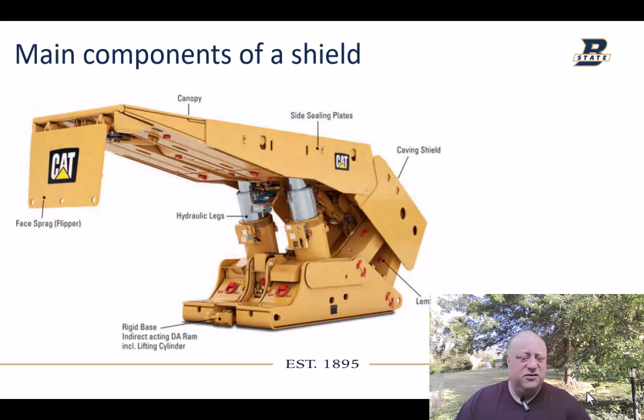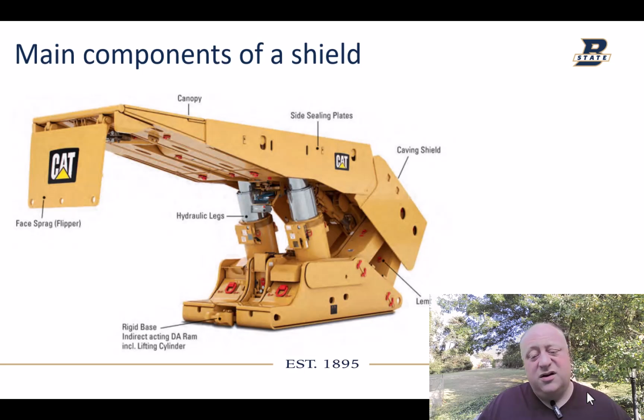So the main components of a shield are shown on this slide, and you have the canopy and the hydraulic legs, and of course the caving shield in the back, and then the lemniscate links, as you see there, connecting the base to the caving shield.